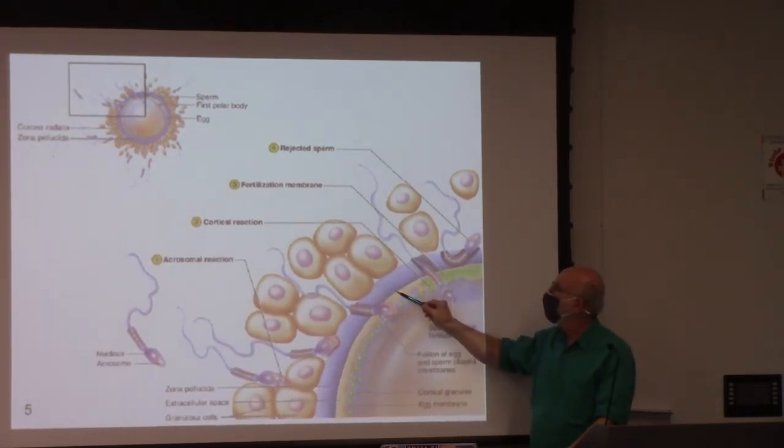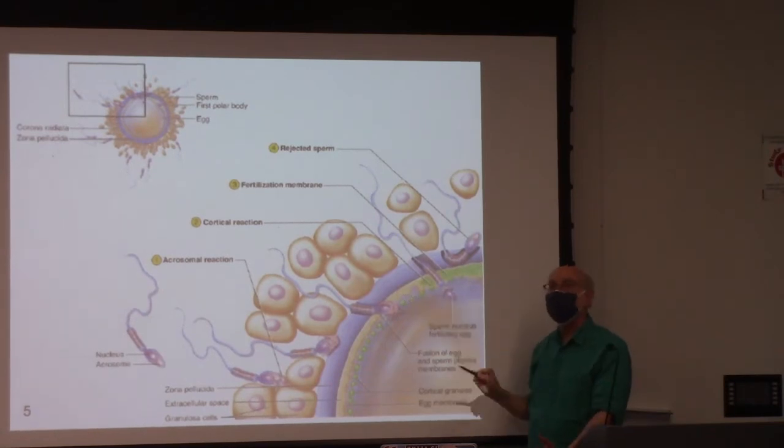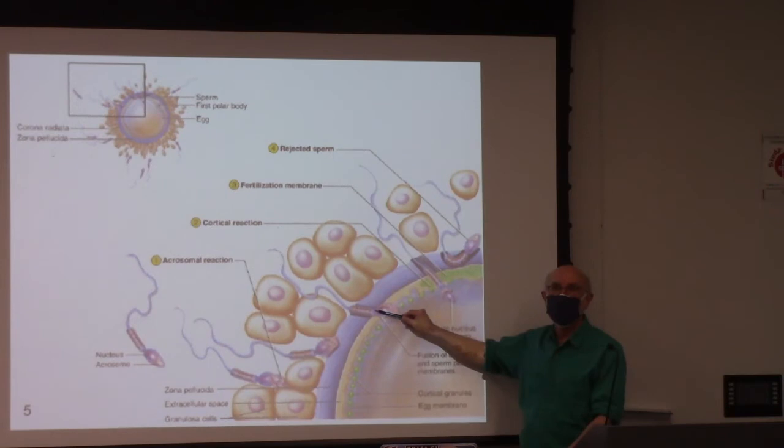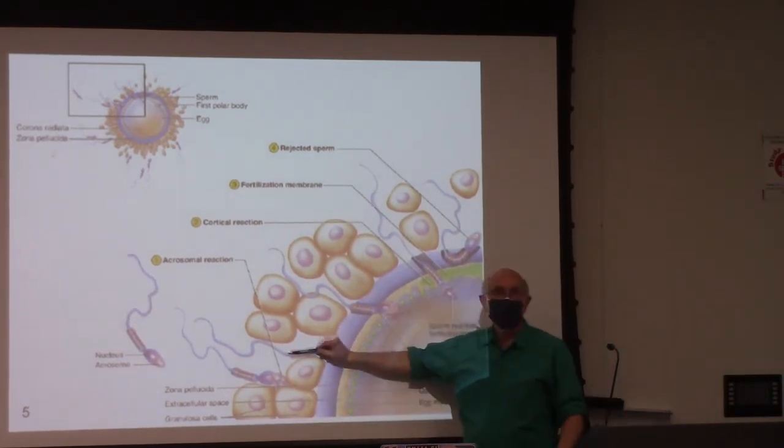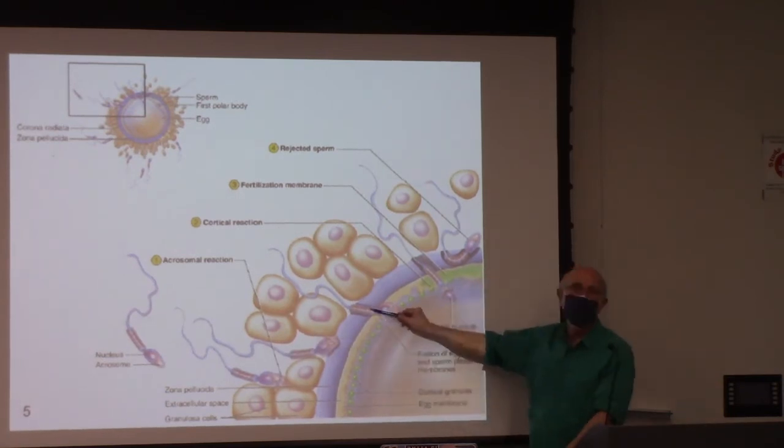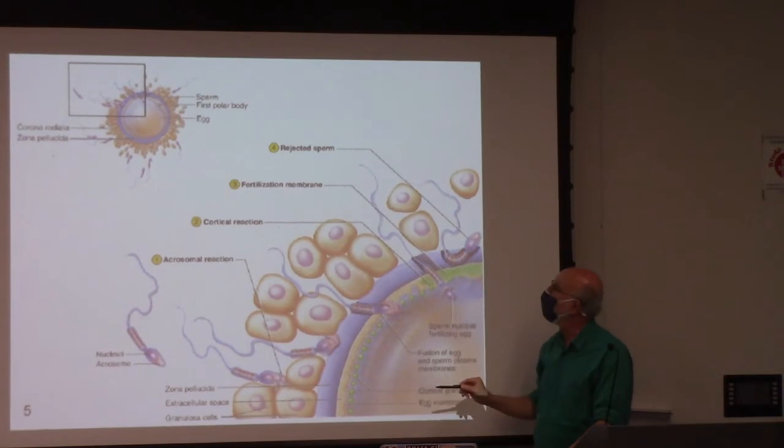One is not enough, and yet one is enough to do this. I hope you see the difference with what I'm saying about one not being enough. We need many to do this so that one can fuse with the surface membrane.